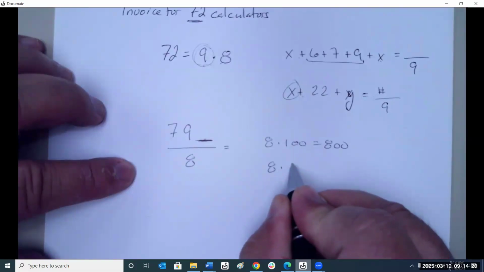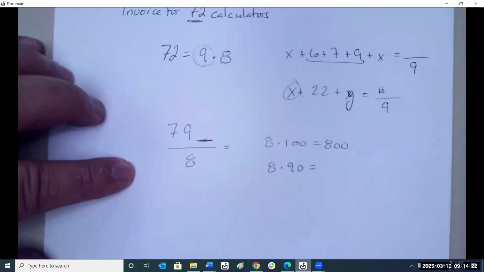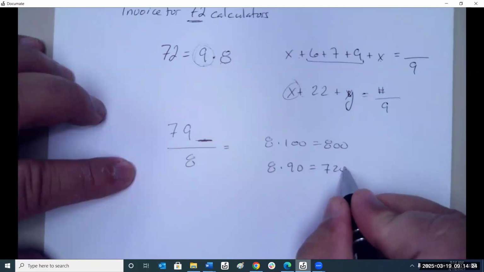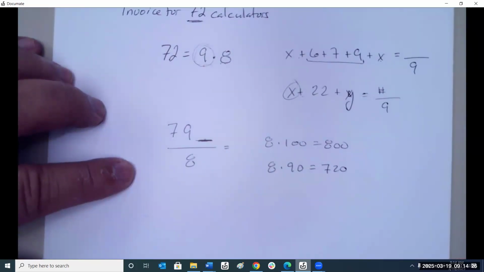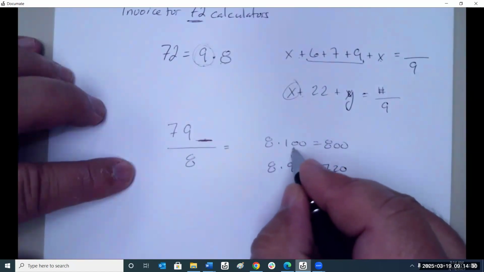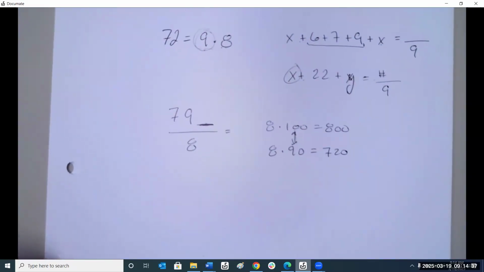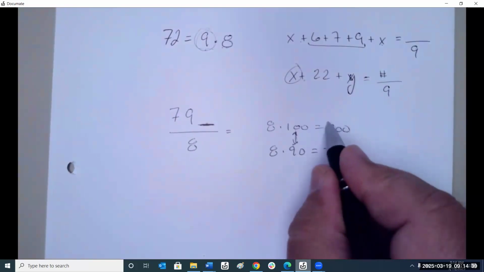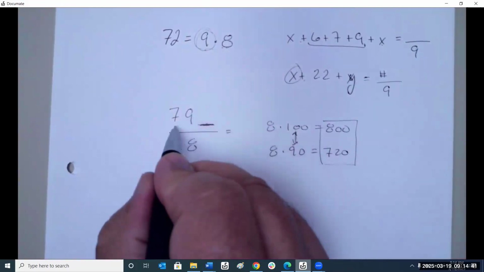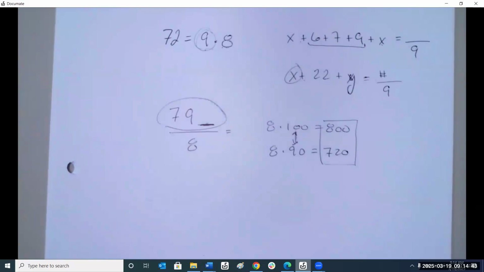Eight times 90 is 720. So the numbers we have to look at are between those two, because we're trying to get this number here to equal 79 something.